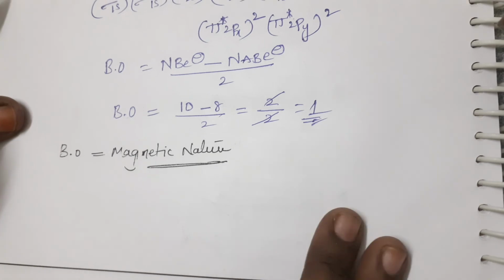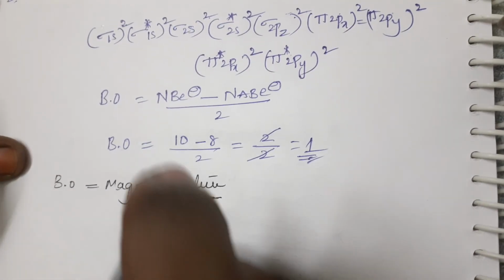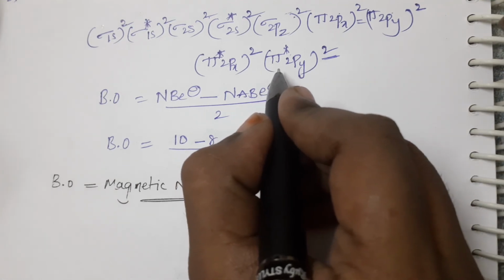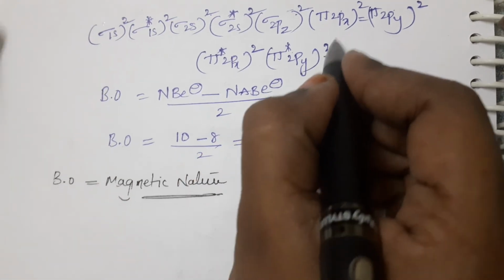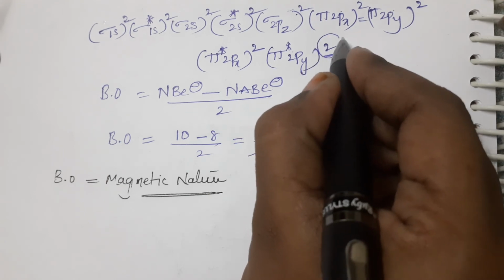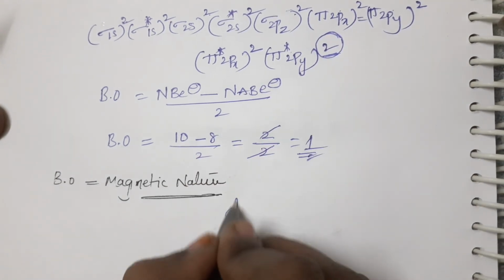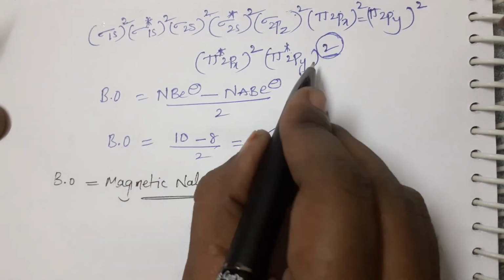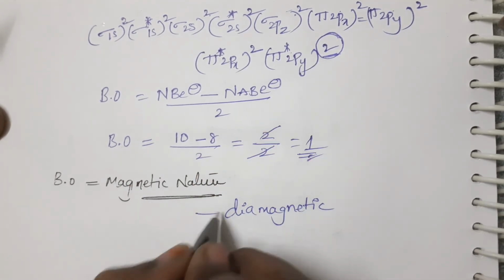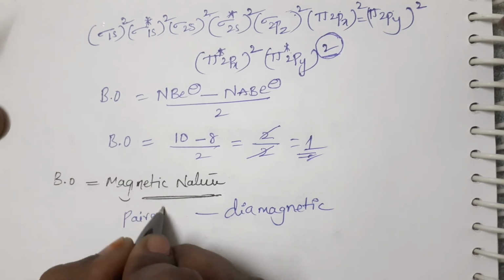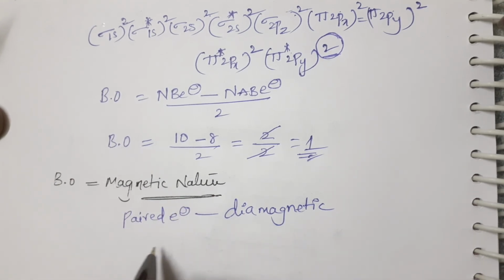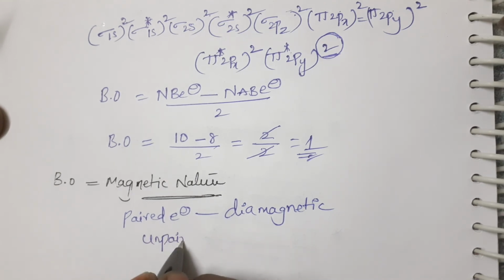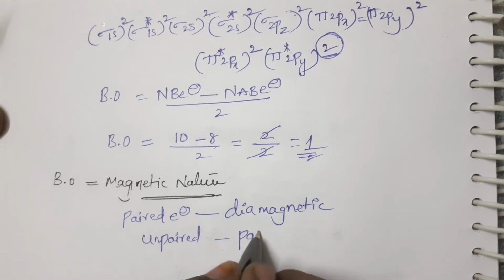In the given formula, if the last orbital, that is the pi star antibonding orbital, has paired electrons, then it is diamagnetic. If the last orbital contains unpaired electrons, that is a single electron, then it is paramagnetic.